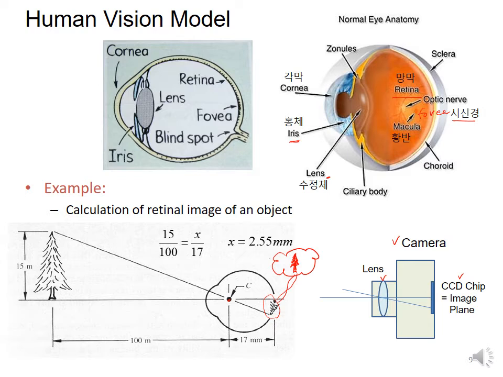and at the time the size of the image of the tree on the retina can be calculated using the proportional relationship between this large triangle and the small triangle.